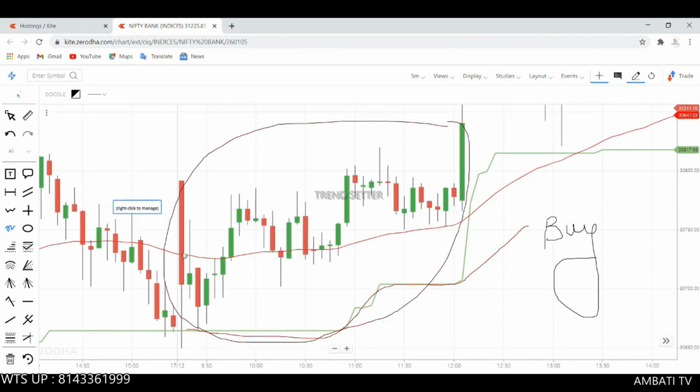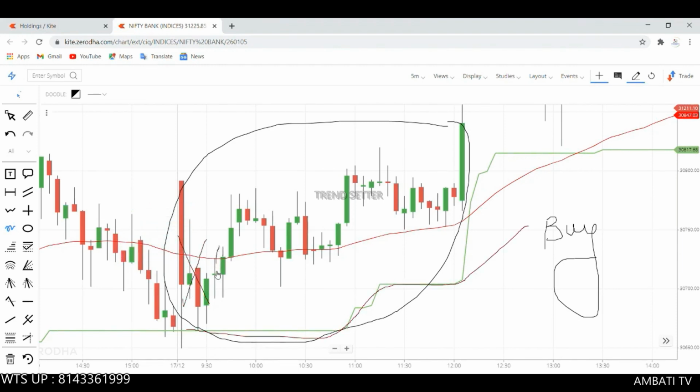So this is the touch candle, and this is the confirmation candle. Here I would have to sell, but we can see here is a buy super trend, so I will ignore this trade.